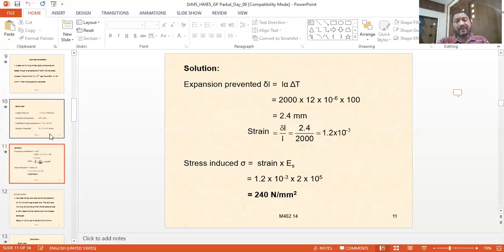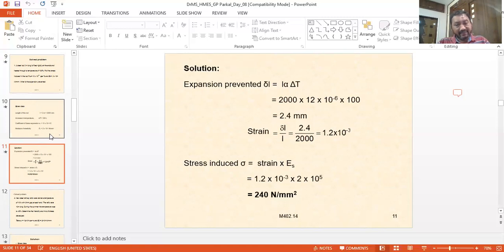Now coming to the solution part, here the stress can be found by finding the strain value. First of all, we have to find out the strain. So how can the strain be found?